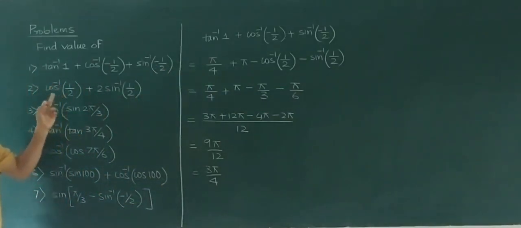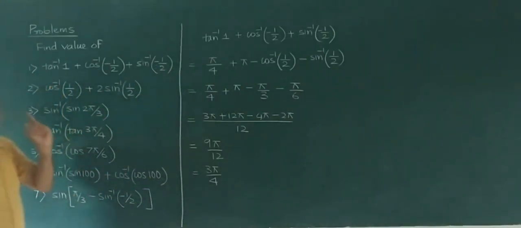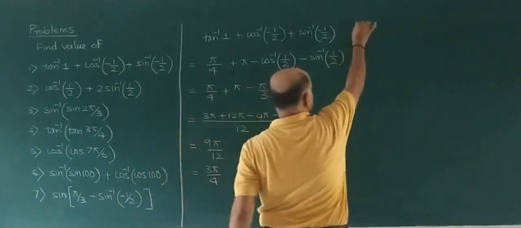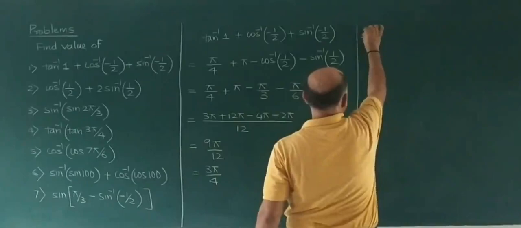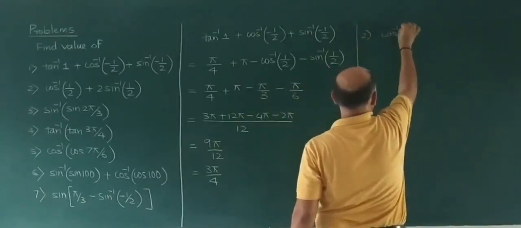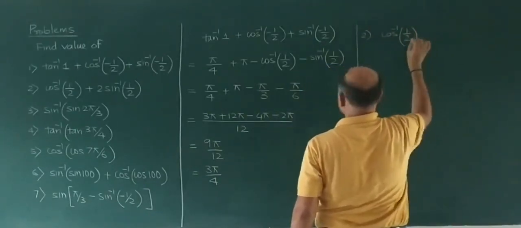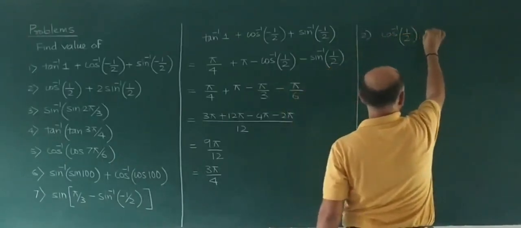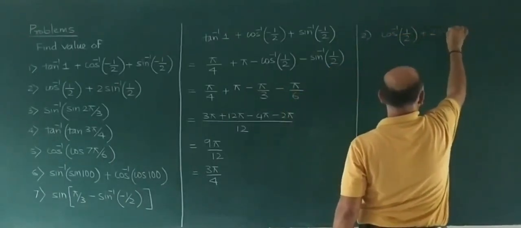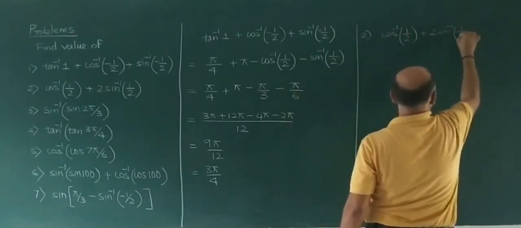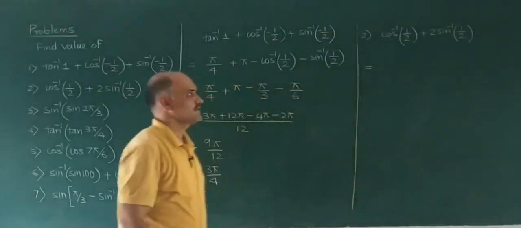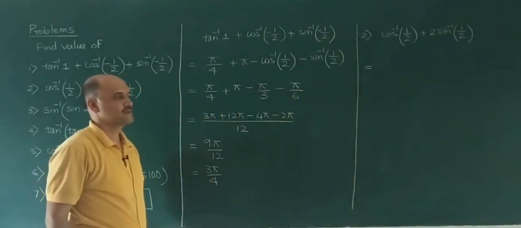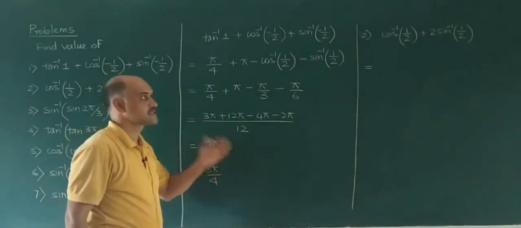Now I will take the second problem. The second one is cos inverse 1 by 2 plus 2 sin inverse 1 by 2. So now simplify this. When will be the value of cos 1 by 2? At 60 degree.